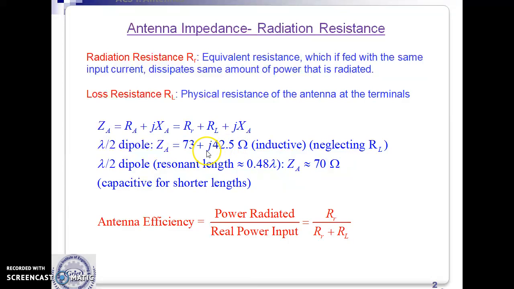And if you slightly reduce the length of this lambda by 2 dipole to about 0.48 lambda, then the impedance reduces, but the important part is it becomes a resonant length, and the antenna appears as a pure resistance with reactance cancelling out. And if you reduce the length even further, then it appears as a capacitive reactance.